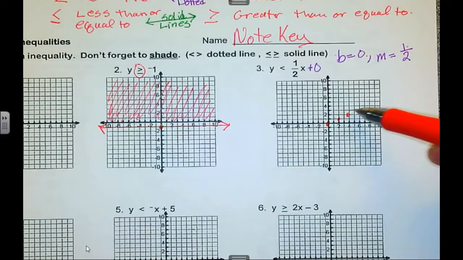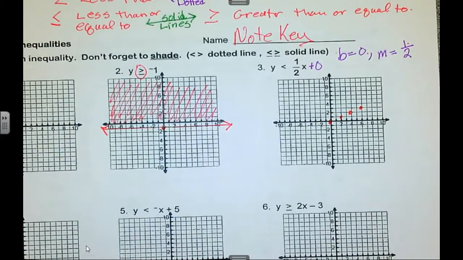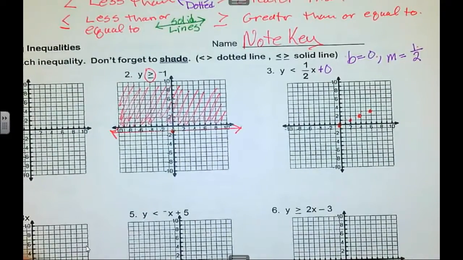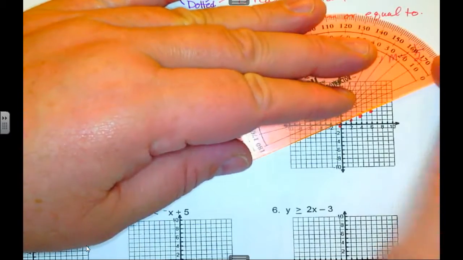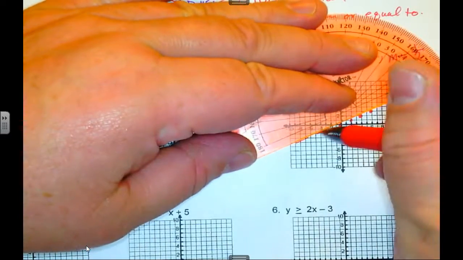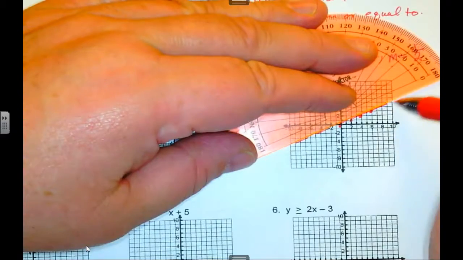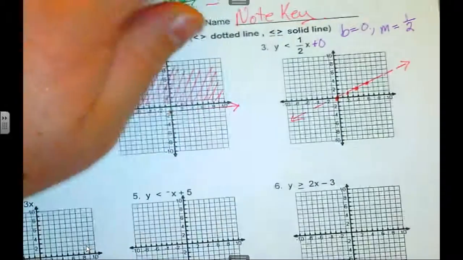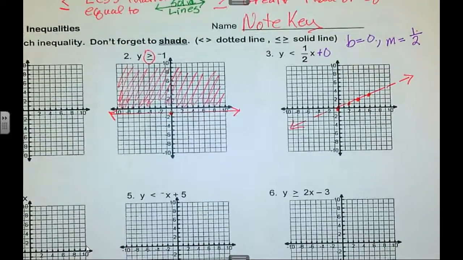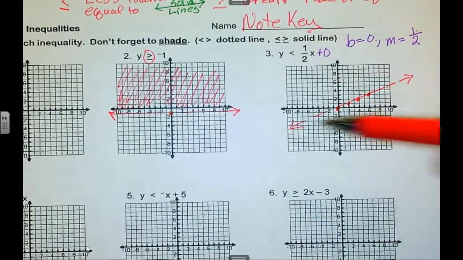Get yourself a good set of points here, because I know that you guys are not going to grab a straight edge to do this. Do I have a solid line or a dotted line? Dotted. Do I shade above or below? Below.